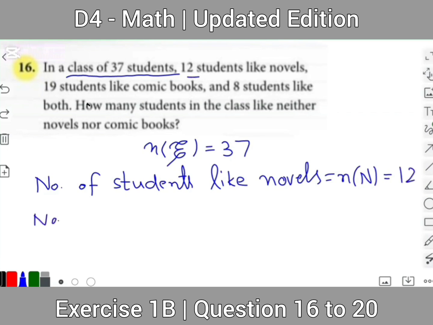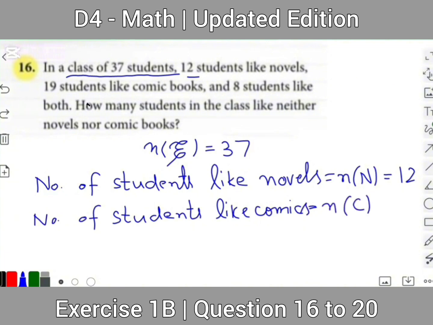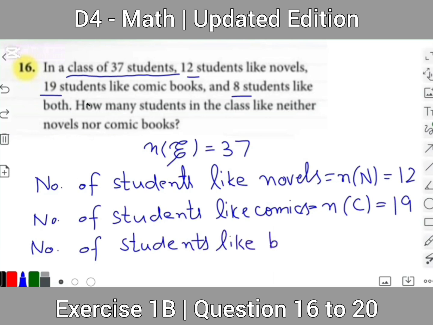The number of students who like comics will be denoted by n of C, and that is equal to 19. And the number of students who like both will be denoted by n of C intersection N, that is equal to 8.